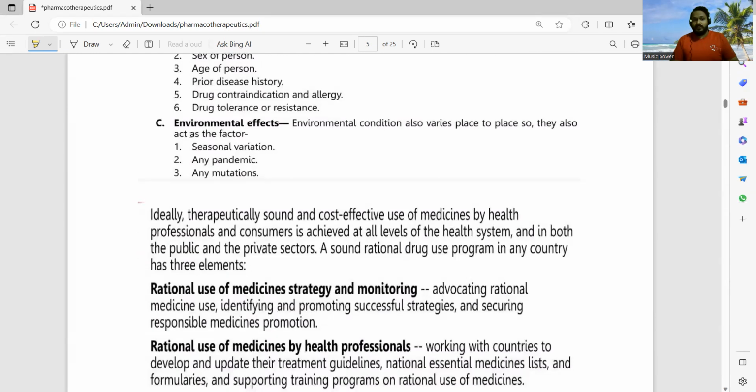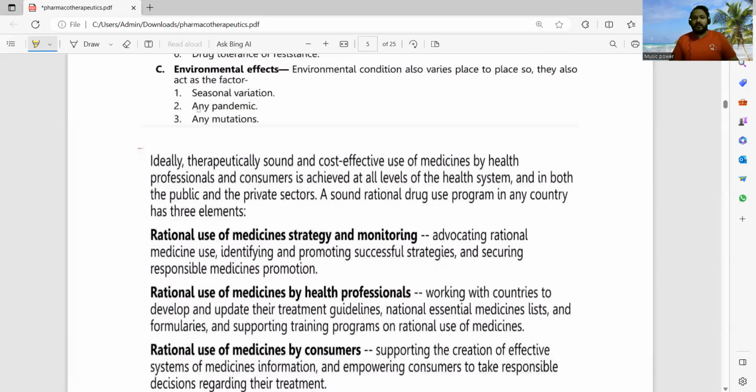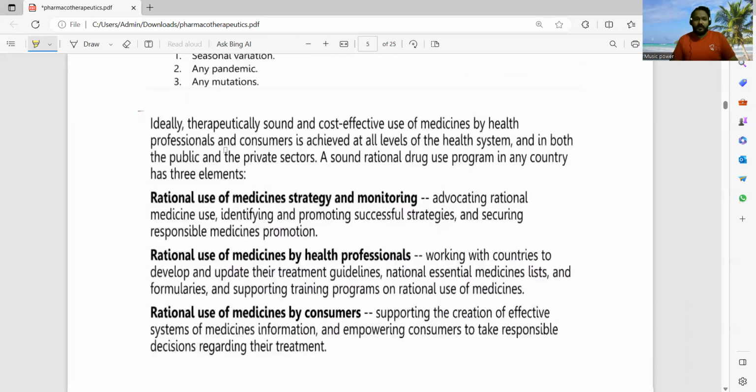Now, come to the environmental factor. Environmental condition also varies from place to place, and they also act as a factor, like seasonal variation, any pandemic, any mutations. So these are the environmental factors.